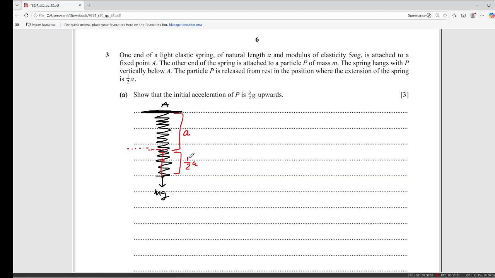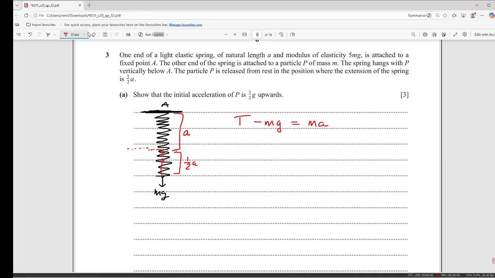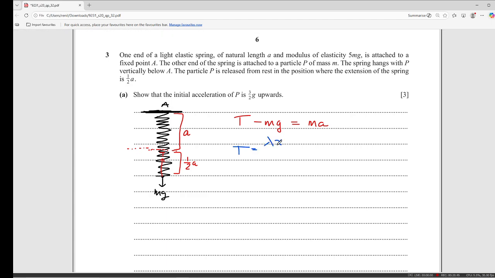Now let's proceed with the calculations here. There's an upward force of T, there's a downward force of mg, and because of this, the particle of mass m will accelerate like this, F equals ma. Now T can be denoted by using the formula T equals modulus times x by L, modulus being the modulus of elasticity, lambda. So 5mg multiplied by 1 by 2a divided by natural length a.